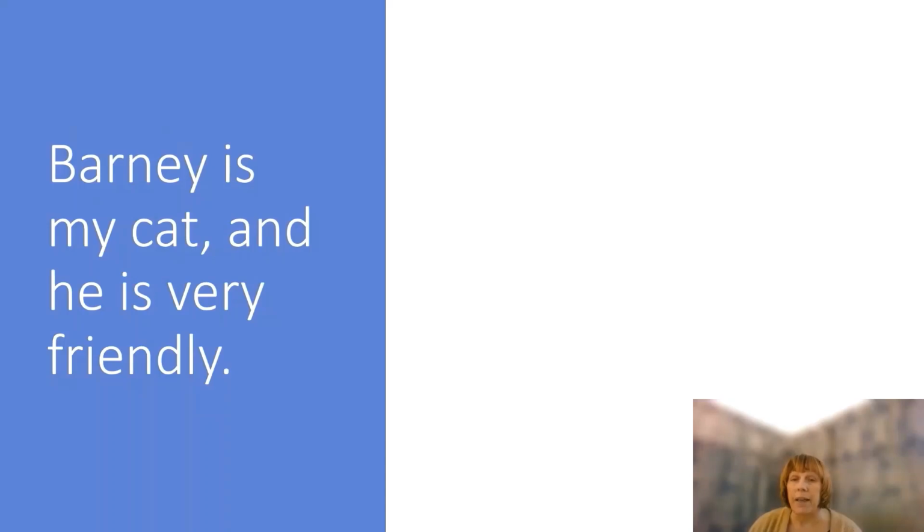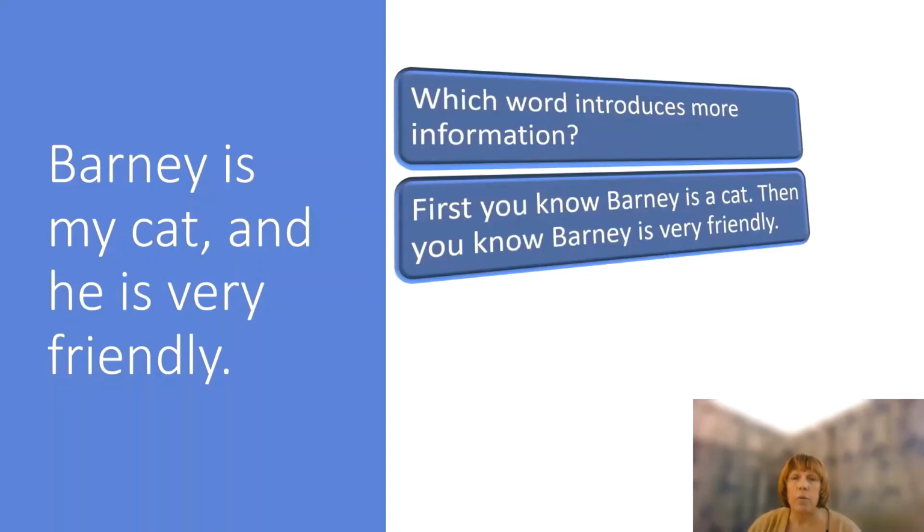Again, Barney is my cat and he is very friendly. Which word introduces more information? So more information, that means you began by being told something and then you were told something extra.